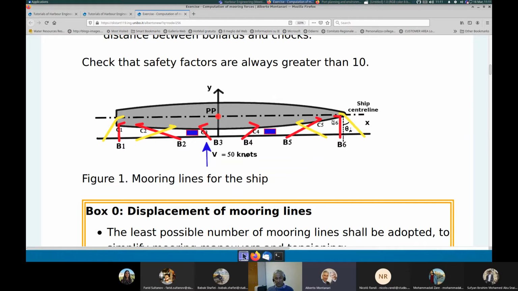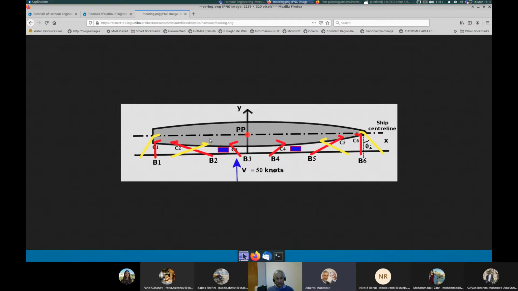You have a moored ship, and you see this figure, and you have mooring lines, for instance, the red ones here. You have a wind forcing over the ship, and you have to compute the individual forcing on the mooring lines, which is something that we are not discussing in detail because it's a structural mechanics problem, but I would like to give you an example of application.